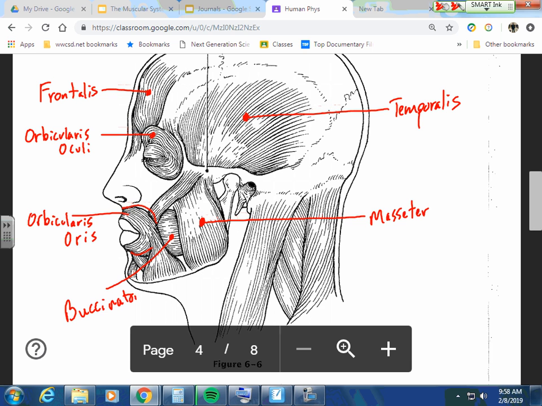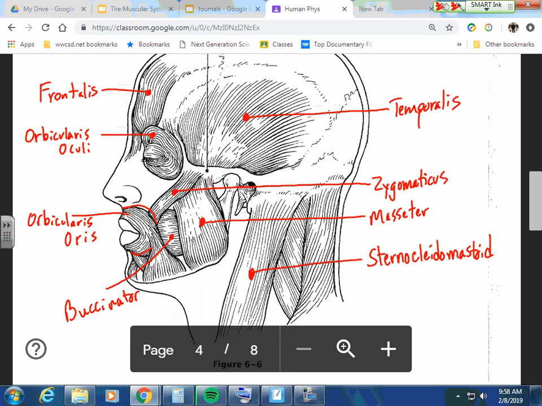We have the buccinator. Zygomaticus. We can see how that could make somebody smile there if it shortens. And one other one that we have on here from a side view is sternocleidomastoid.